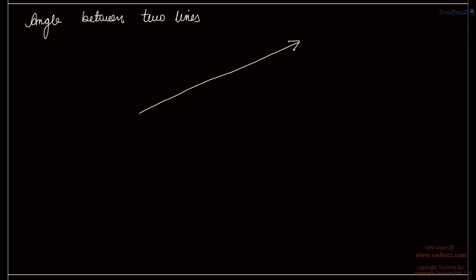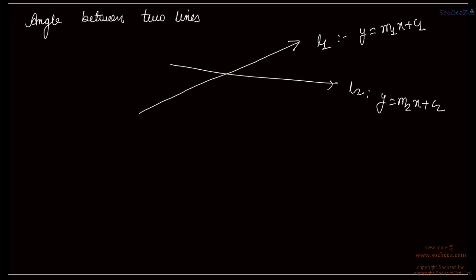We have two lines, L1 and L2, whose equations are y is equal to m1x plus c1 and y is equal to m2x plus c2. So we have the angle between these two lines as theta, or pi minus theta. One angle is theta, then the other is pi minus theta.